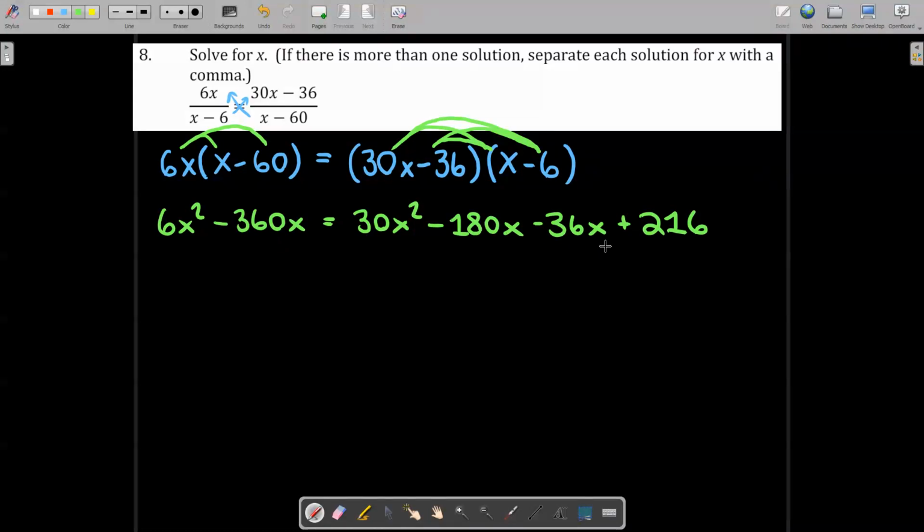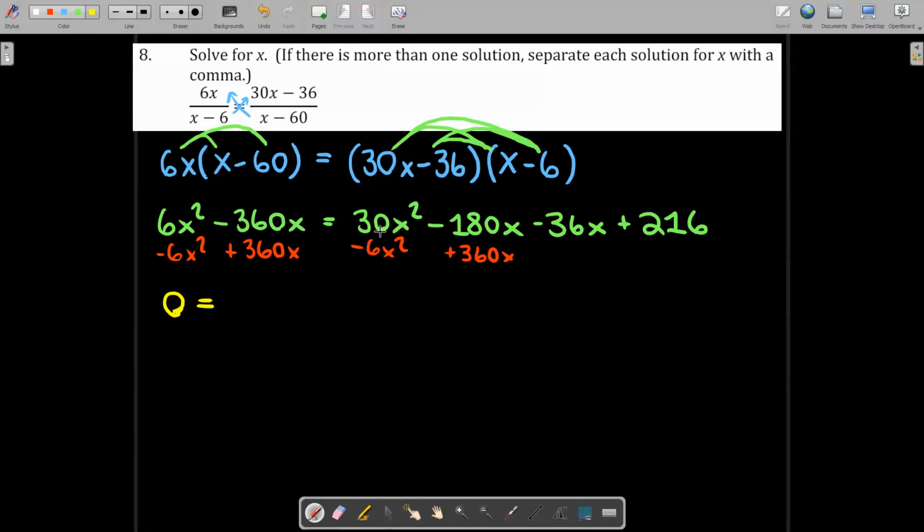I want to put everything on the same side. I want to move them to the side where the x squareds will be positive. So I'm going to subtract the 6x squared, and I'm going to add the 360x to both sides. Okay, so negative 6x squared here and positive 360x here. And I'm going to just combine all of my like terms, okay? So this would be 0 on this side since everything cancels out.